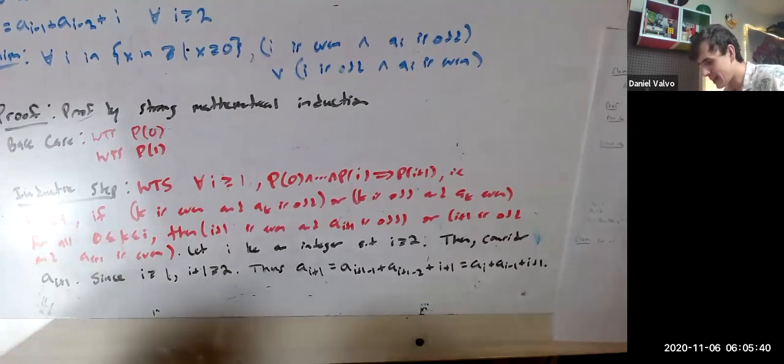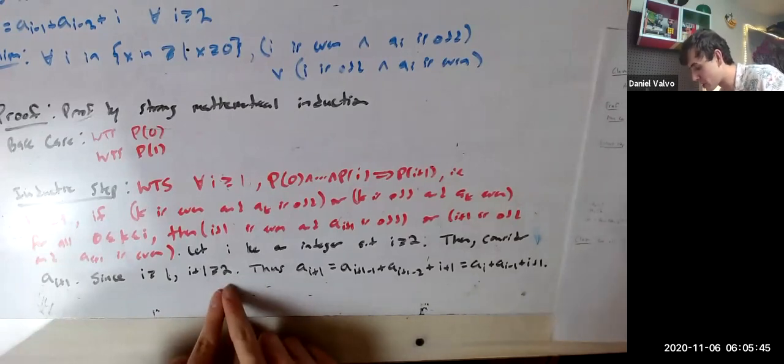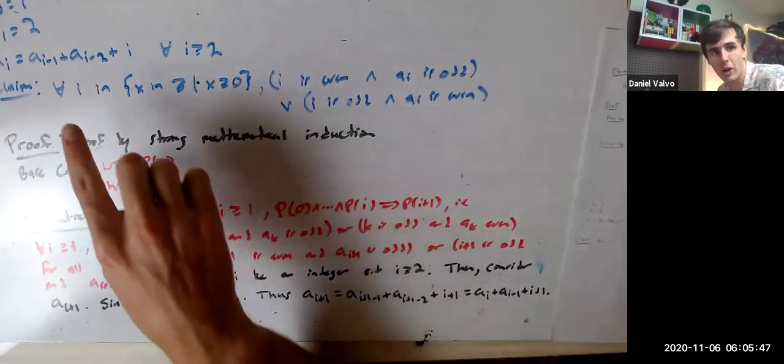So here's the key. Because i is bigger than or equal to 1, i plus 1 is bigger than or equal to 2, so we can calculate it using our recursive formula right here.